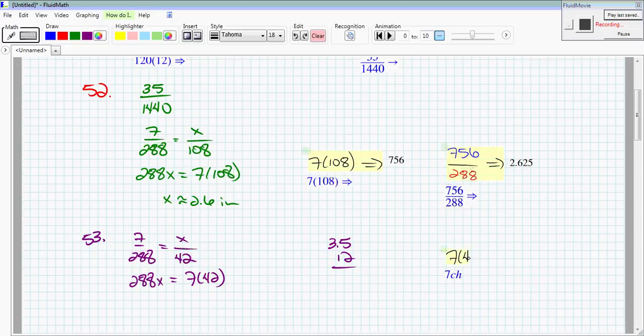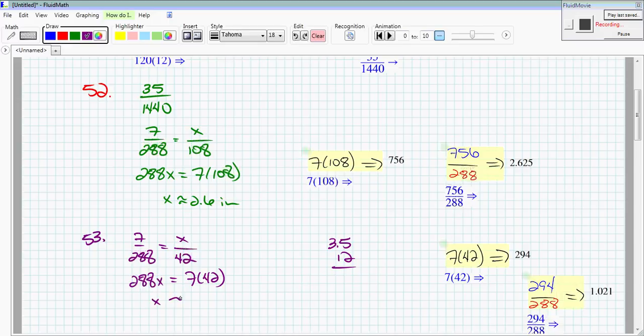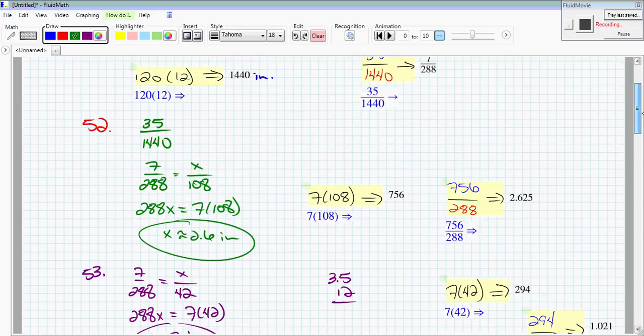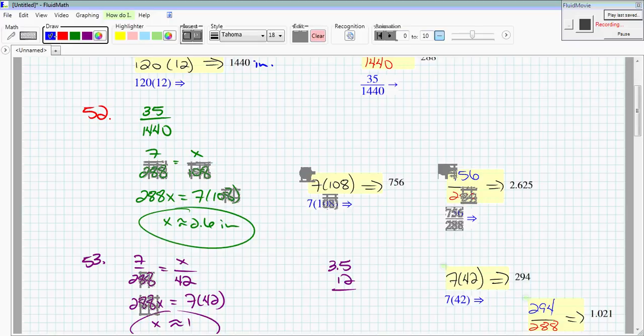We have 7 times 42, which is 294, and we divide it by 288. Rounded to the nearest tenth, it is going to be approximately 1. So for 53, x is approximately 1. So there you have your 3 answers.